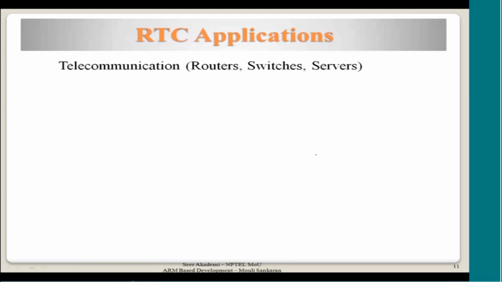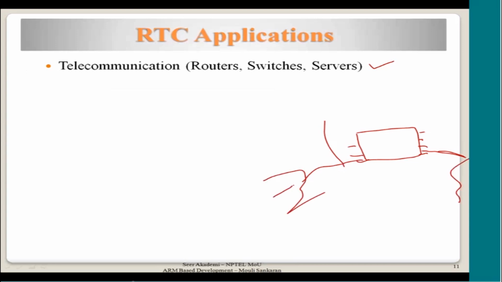What are the applications? It could be used in switches or servers, because whatever I have shown you so far were all embedded systems. But even in a router, when there is big network traffic, there is a clog. Maybe a particular path is completely swamped with lots of DOS attacks.